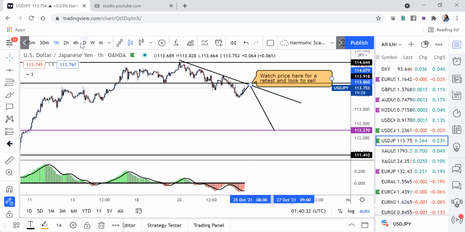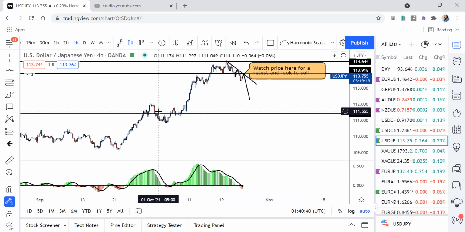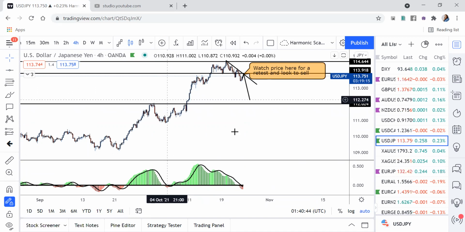Right, the overall on USD JPY, this is what you have.